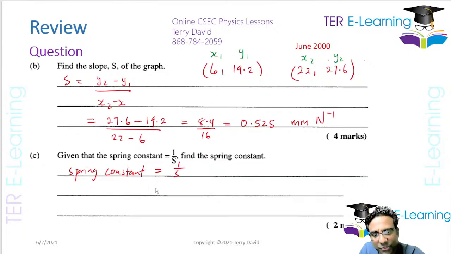They told us that. So all we need to do is to take the answer we just got, the 0.525. So it's 1 divided by that. So 1 divided by 0.525, and you're going to get 1.9. At least that's what I'm getting using my data. So 1.9, and in this case your unit here is going to be Newton per millimeter. That's my unit. So 2 marks for that, guys.